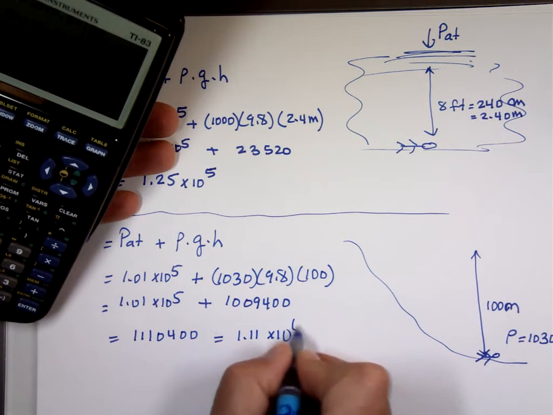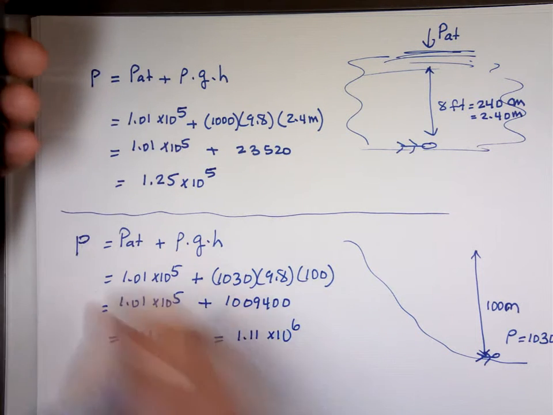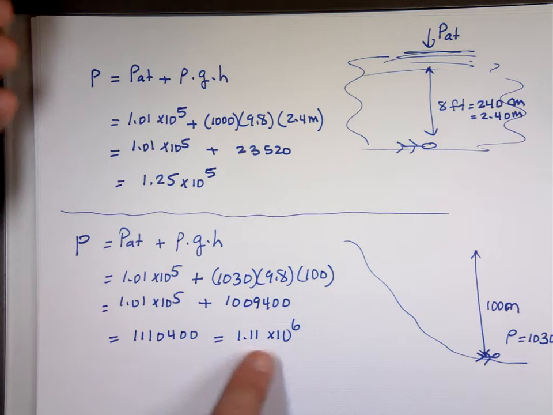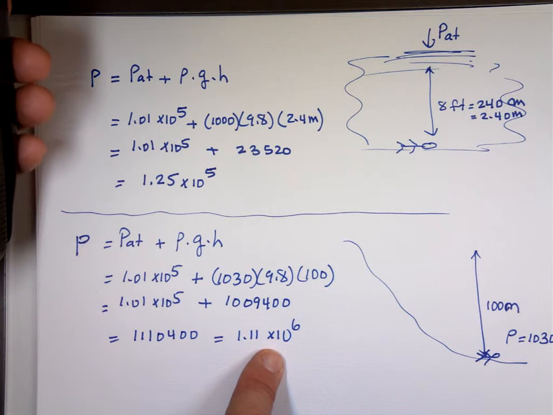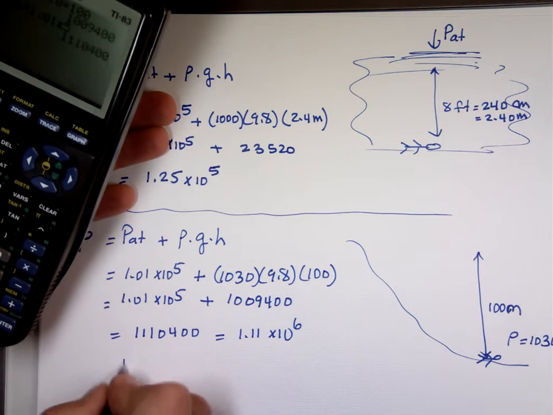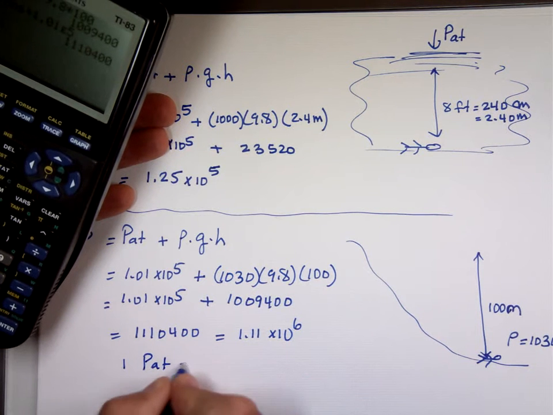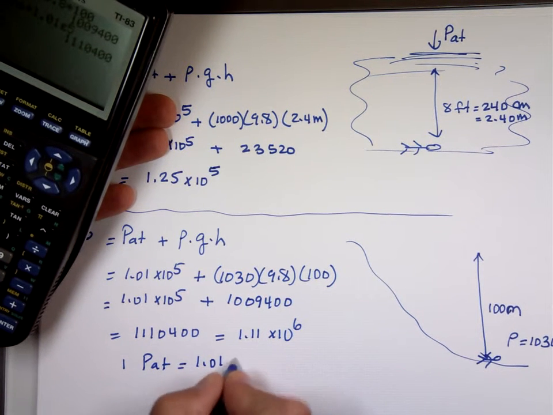6. How many atmosphere pressure on you? What is that number if you convert that to atmosphere pressure? 1 P atmosphere is equal to 1.01 times 10 to the 5th.